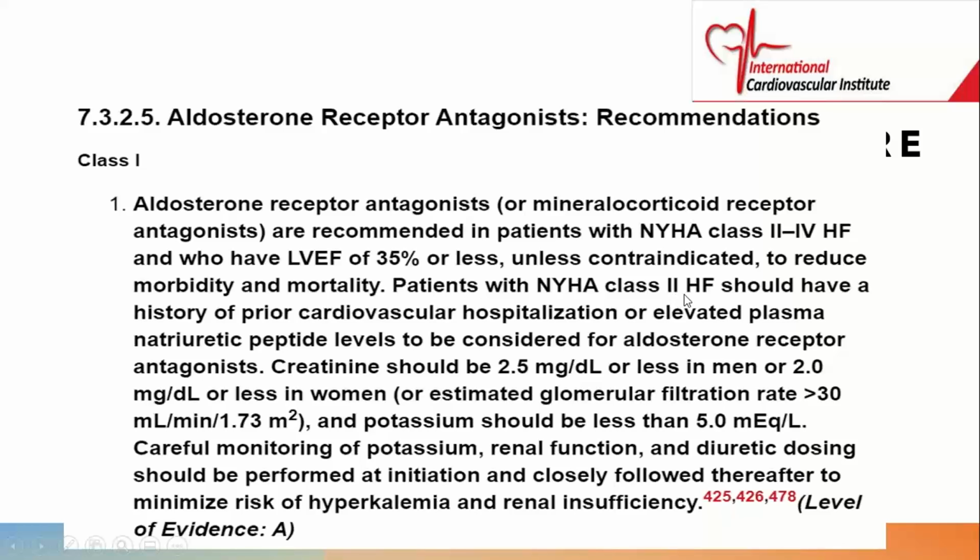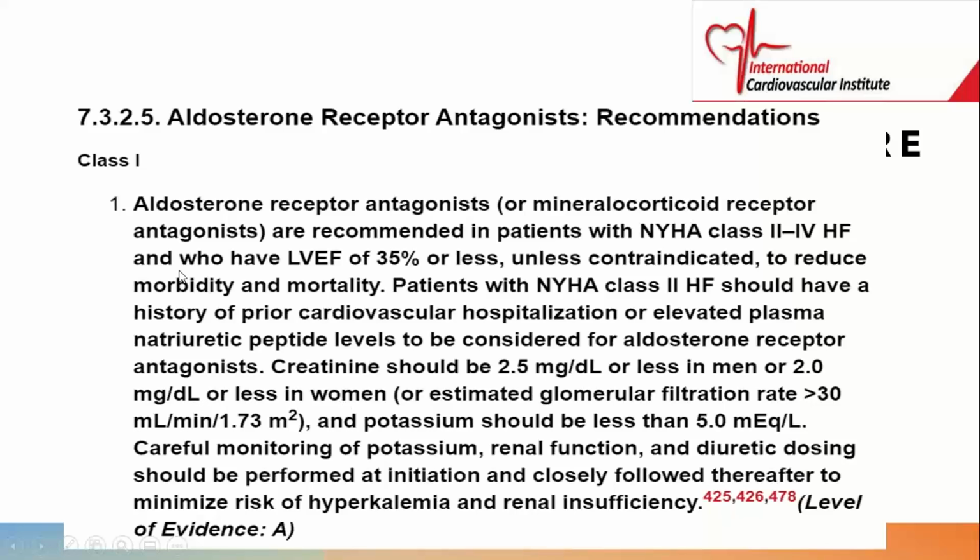Patients with New York Heart Association class 2 should have a history of prior cardiovascular hospitalization or elevated plasma natriuretic peptide levels to be considered for aldosterone receptor antagonists. The important thing about aldosterone antagonists, spironolactone, Aldactone, you have to be careful when you're using it. You don't want to use it if the creatinine is more than 2.5 milligrams in male or more than 2 milligrams in females.